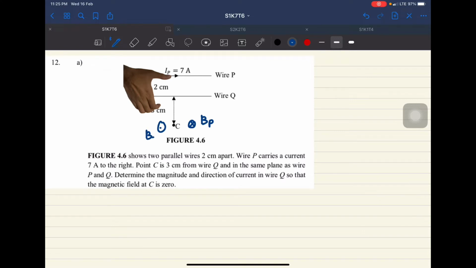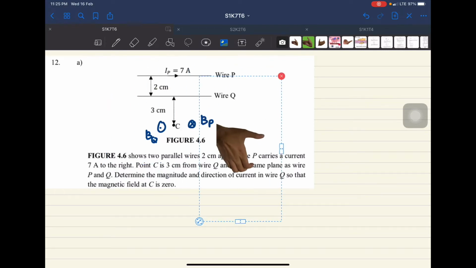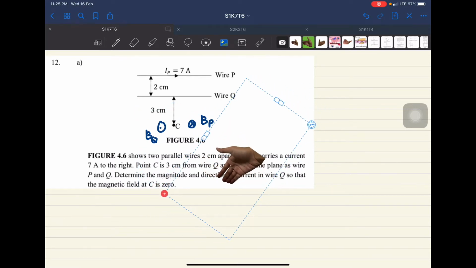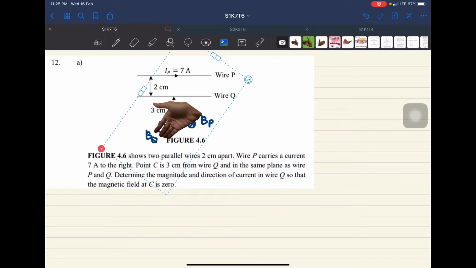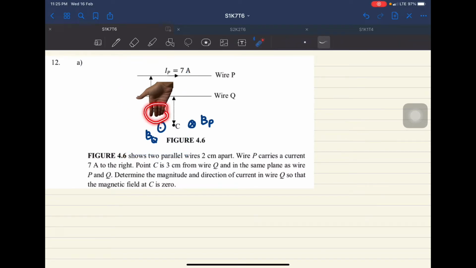So that one will be due to wire Q. So to determine the direction of current, put your thumb on the wire Q, and you basically want to have your fingers, or your magnetic field, going out of the page, so it looks something like this. So this one is going out of the page, this is pointing to the left, so the direction of current will be to the left.